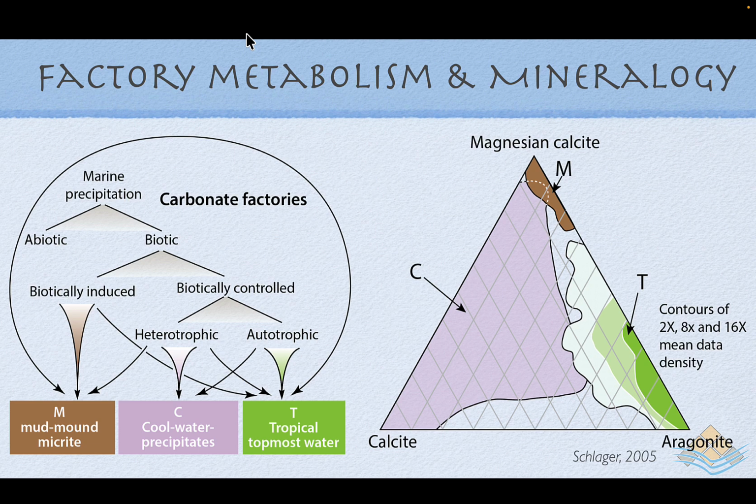Mineralogically, there's a separation based on that factory metabolism, whereby the cool water precipitates tend to have higher contents of calcite and magnesium calcite. Mud mound associations can be magnesium calcite dominated, and then we have the tropical association, which can be aragonite dominated within this 3-part classification of ancient carbonate buildups. So that's the generalities across our carbonate depositional associations and the 3 major factories that we see.